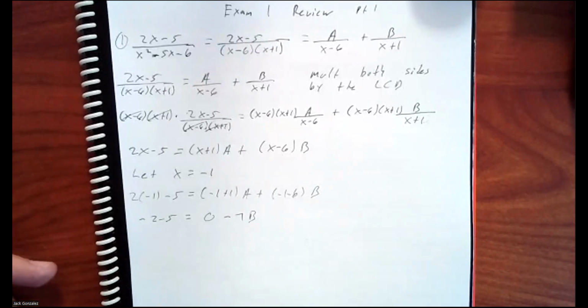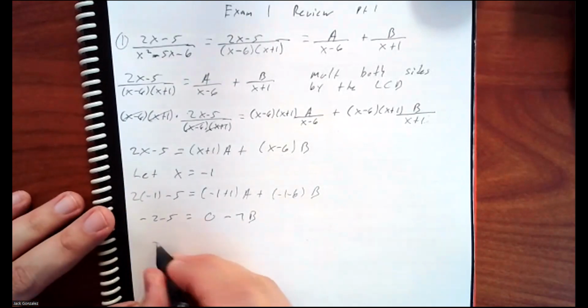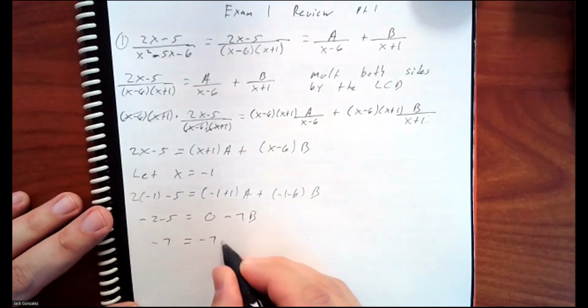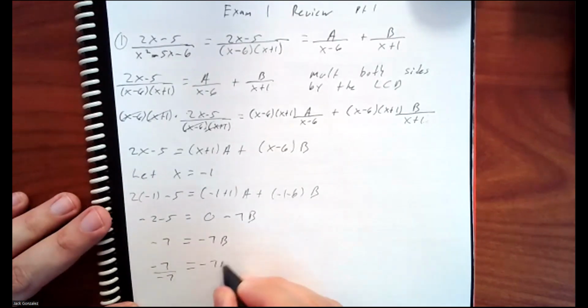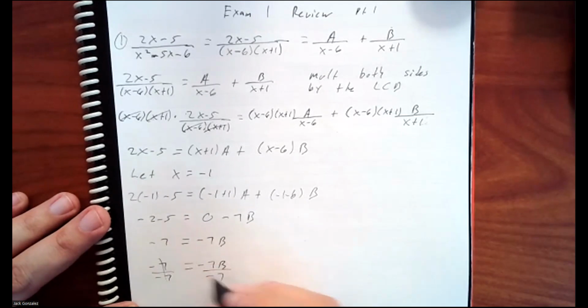So now notice what happens. You can just divide by -7 and you have B automatically. So we can avoid the systems and all that stuff. So we get -7 right here equal to -7B. Divide both sides by -7 and you have solved for B.